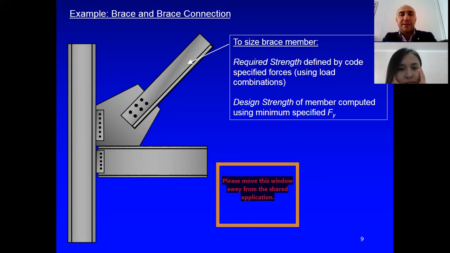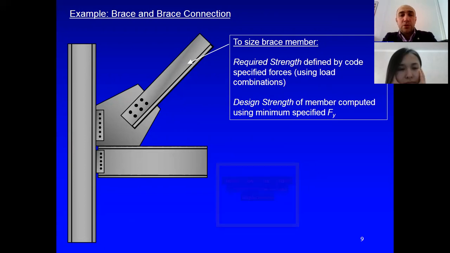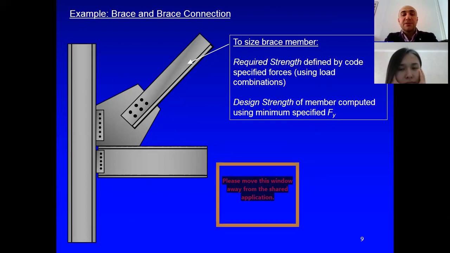So to size the brace for the required strengths computed above, the design strength of the brace uses the minimum specified yield stress, phi y.